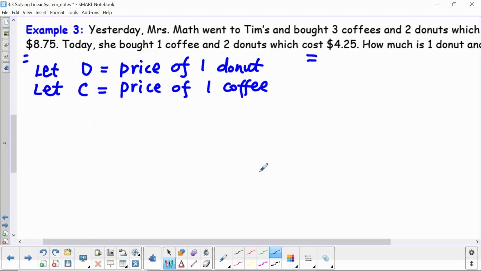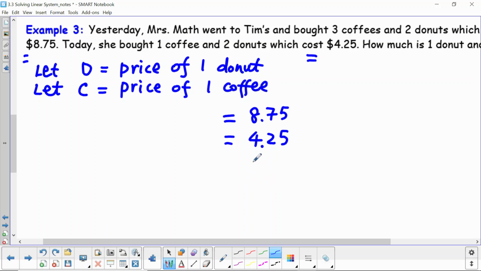So C equals price of 1 coffee, D equals price of 1 donut. Then we know that the cost could be the equal sign. So one cost is $8.75, another one is $4.25.